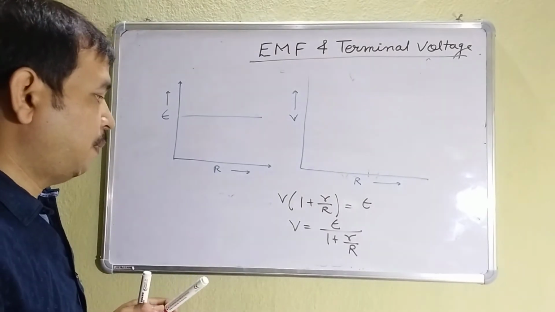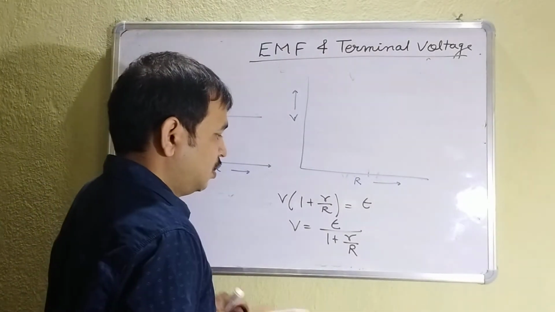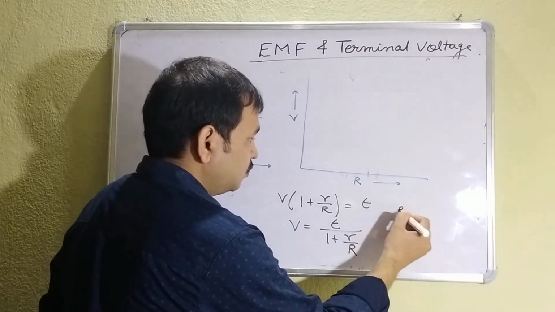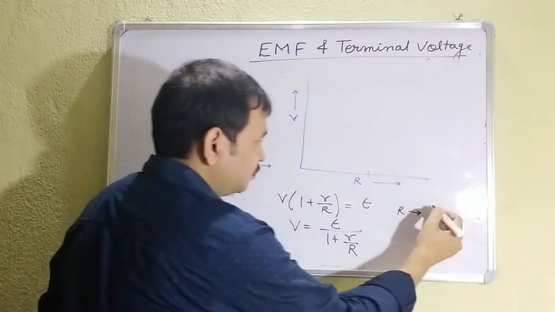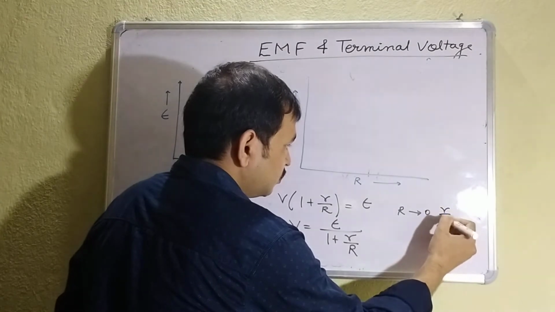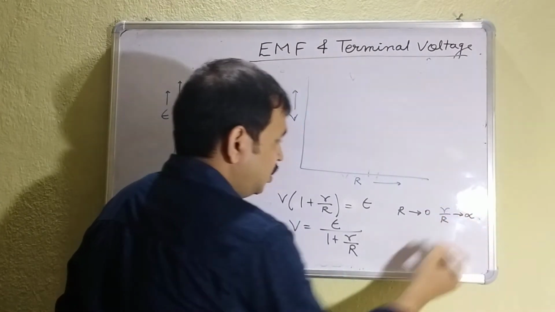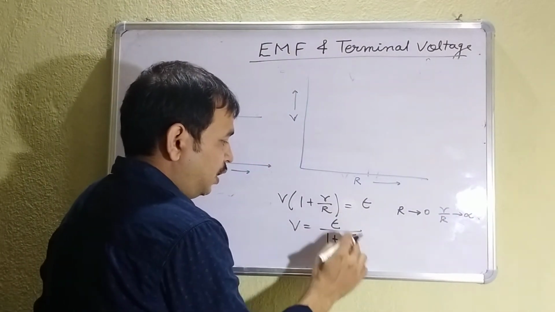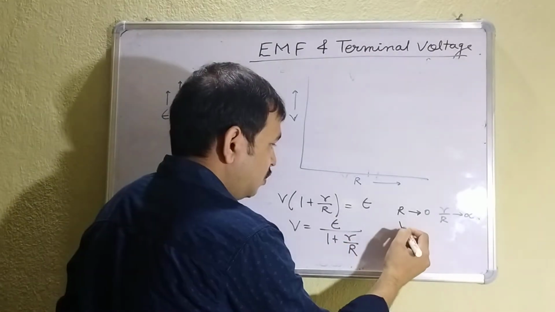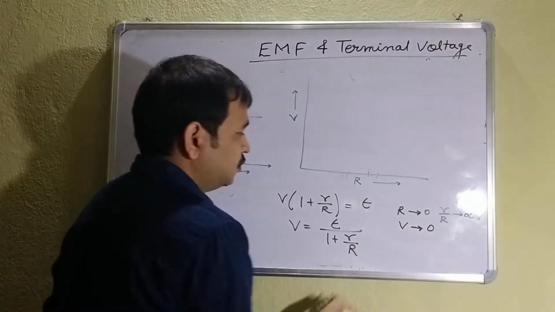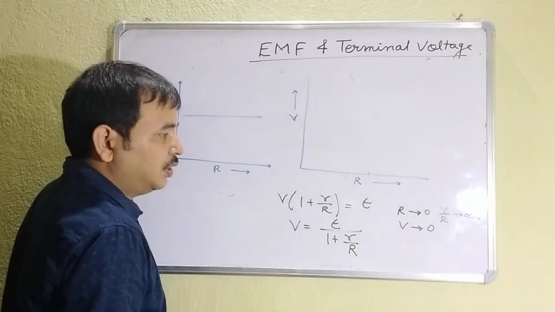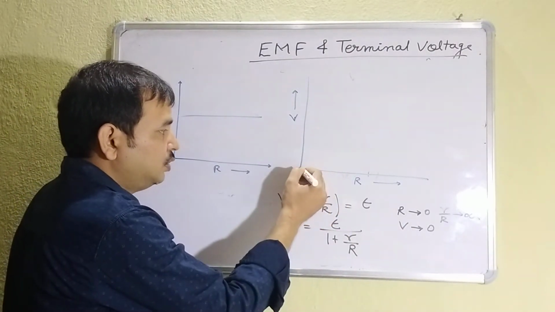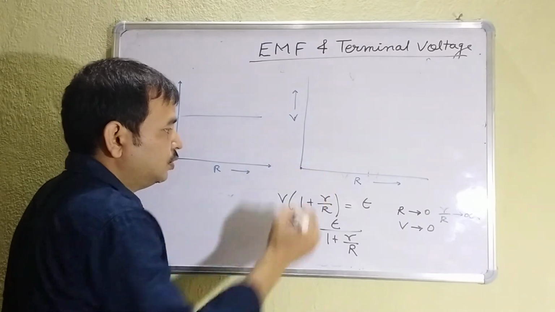Now you see, when R is 0, this whole term will become infinite, tends to infinity. Anything by infinity will be 0. EMF by infinity will be 0. So when R is 0, V is also 0.